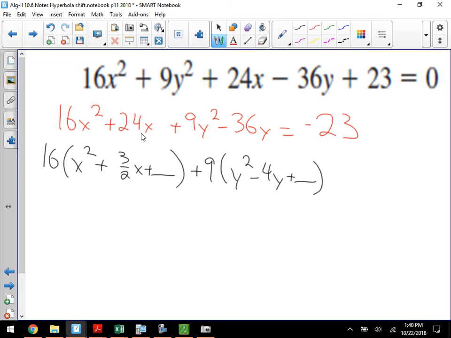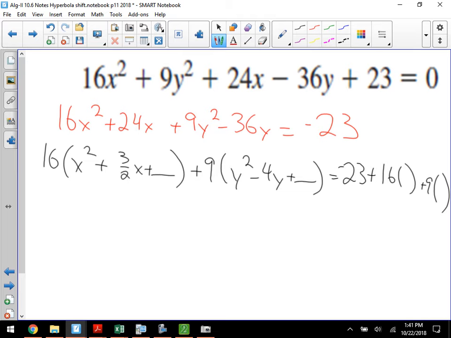Now, since I took out parts, I gotta remember to put parts back in on the other side. So here I have minus 23 plus 16 times something, plus 9 times something. Whatever coefficients you take out, you got to put back in on the other side.